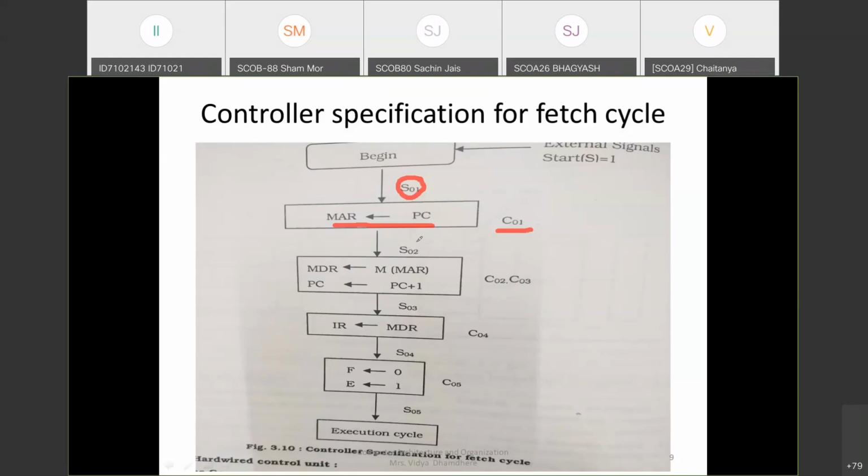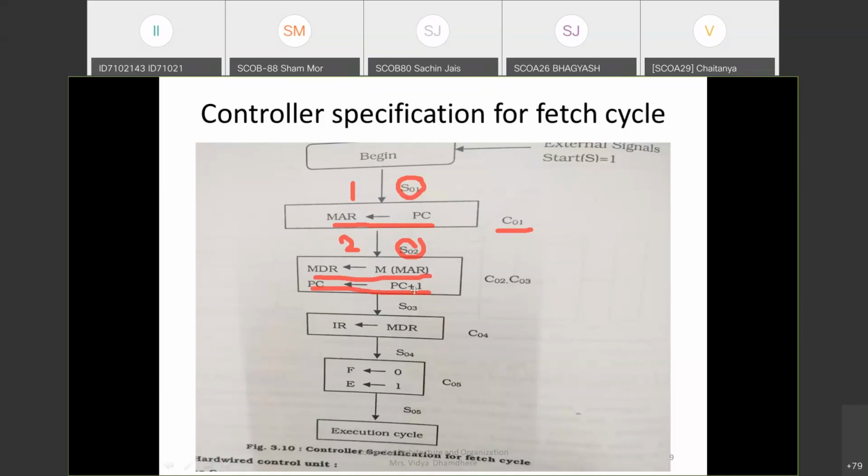Now, sequence 2, what is our operation? I will write the sequence number on this side. Sequence number 2: the memory address register contents will be moved to the memory data register. That is the first operation. The second operation is that we need to increment the program counter, that is, program counter plus 1 is the next program counter value.